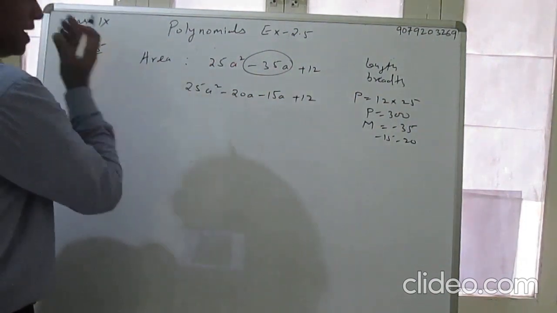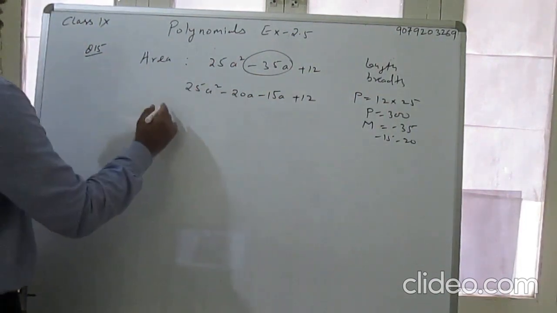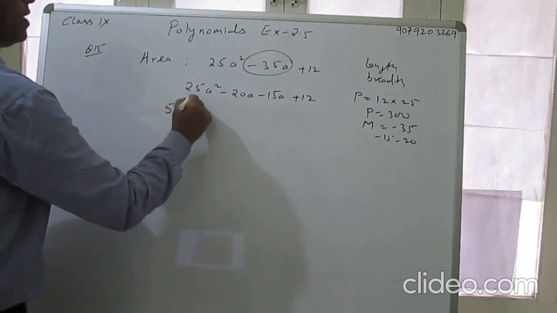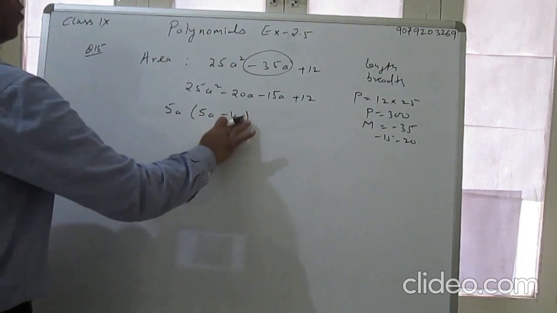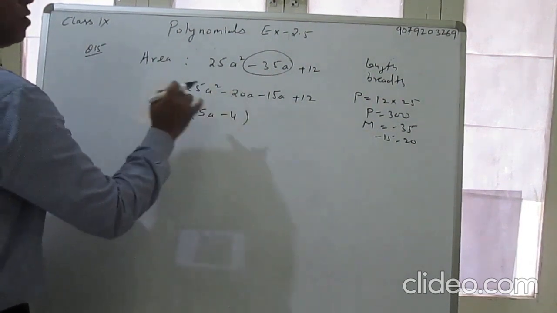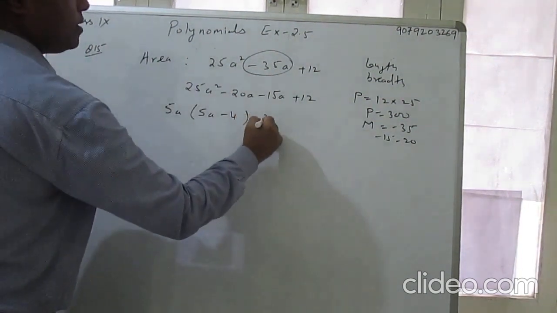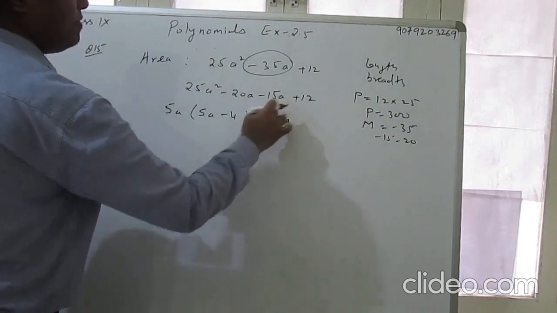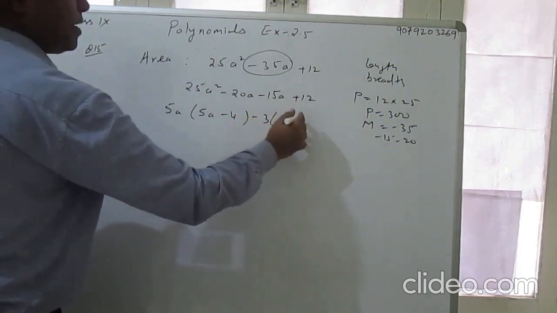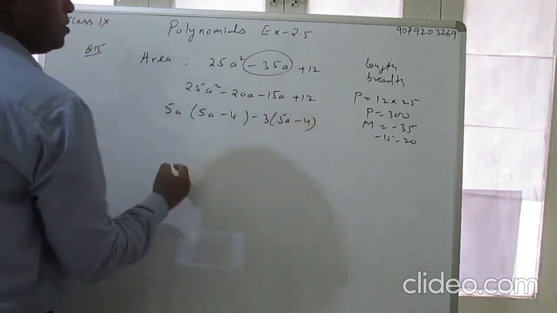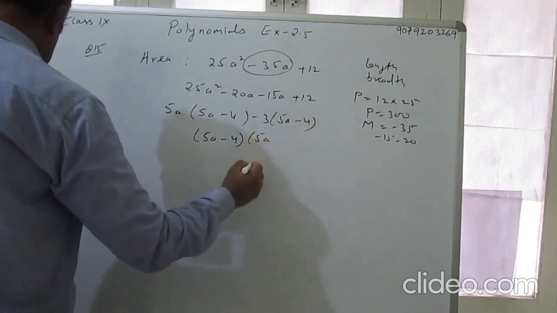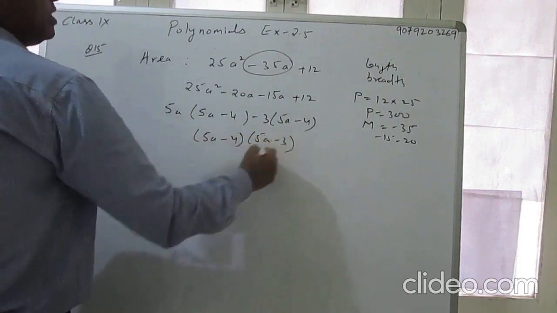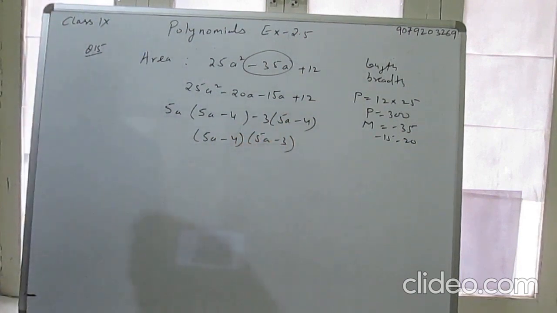Now you can take 5a common, so it becomes 5a minus 4, a comes out. Minus 3 common, 5a minus 4, the sign changes because of the minus outside the bracket. So 5a minus 4, 5a minus 3 is the answer.